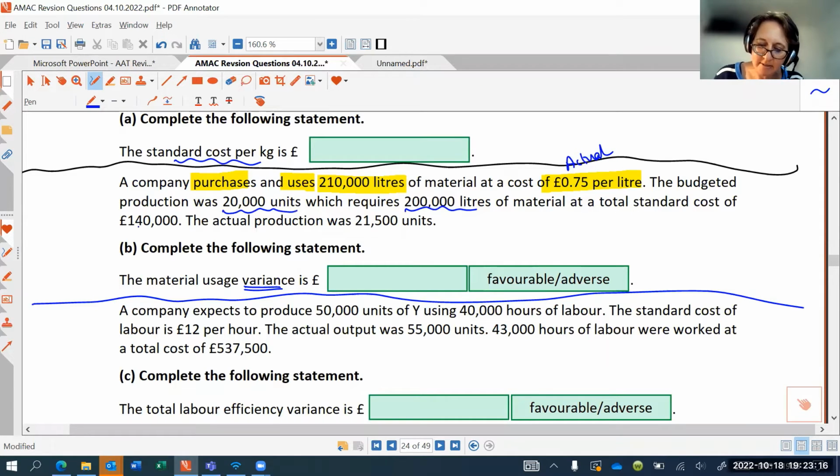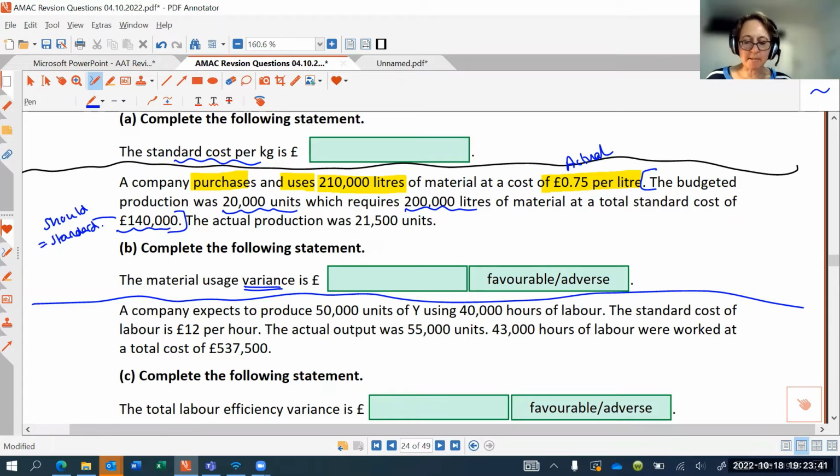And I planned to spend 140,000. So that sentence is the should happen, or the should, the standard information. So my first sentence is actual. The second sentence is the should. And then it also goes back to the actual that I did produce 21,500 units.